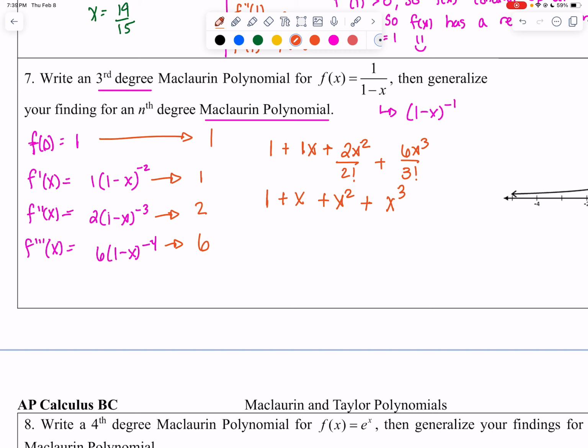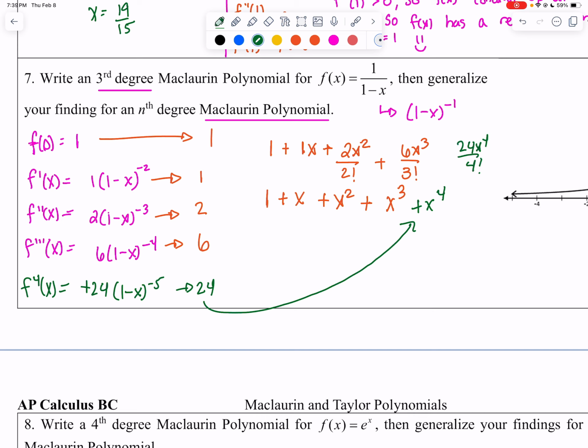If you want to do the fourth degree, I'm going to do f of 4. The fourth derivative, that's going to be negative 24 times 1 minus x to the negative 5, or positive 24. This is going to be 24, which is going to be x to the 4th whenever I do it, because this is going to be 24x to the 4 over 4 factorial.